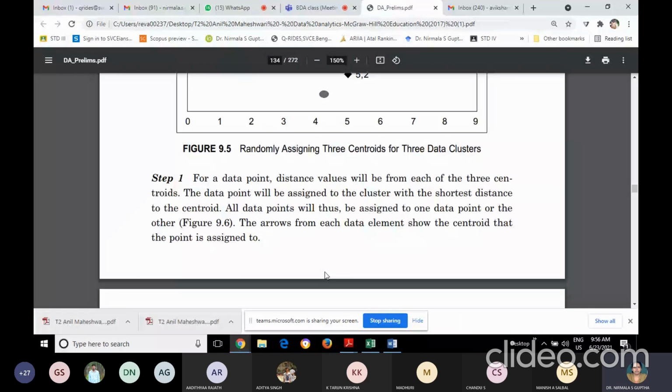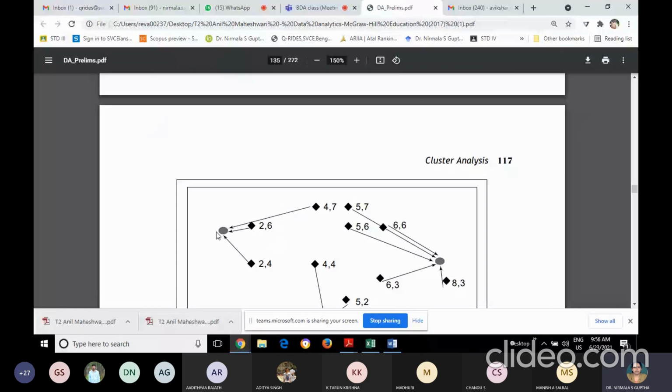See the arrow marks pointing to each centroid based upon the logic of recalculating the distances and how close it is to the cluster. You can see there is an arrow pointing from 2,4, 2,6 and 4,3 to the first centroid.